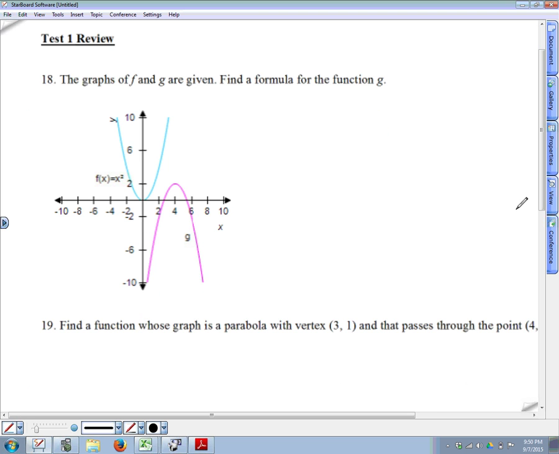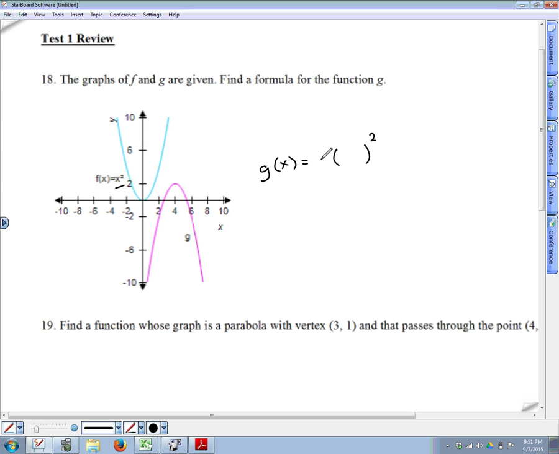Okay, question 18. The original function here, f of x, is just a plain old x squared graph. You've got to figure out what the equation is for the g function here. So a couple things have happened. It's moved to the right 4 units, up 2 units, and it's flipped upside down.